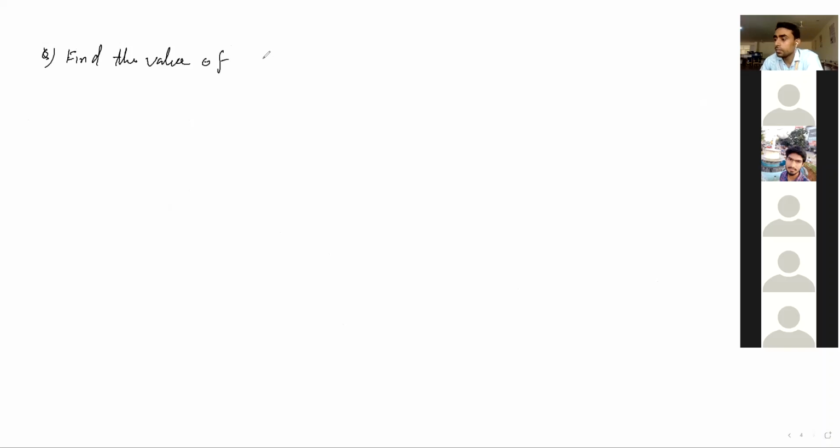Find the value of the integration from −3 to 5 of (3t² + 6t + 5) times δ(−3t − 6) dt.